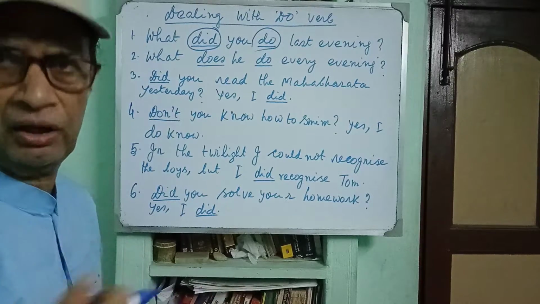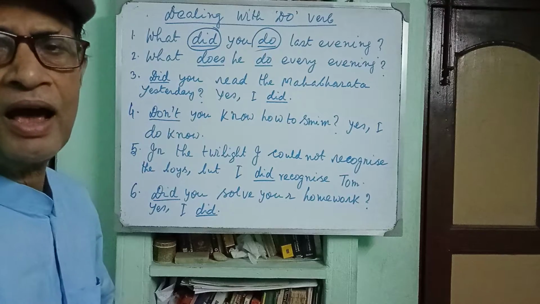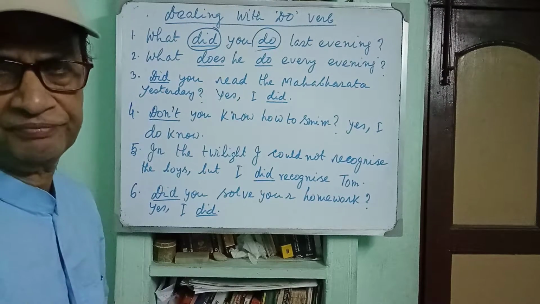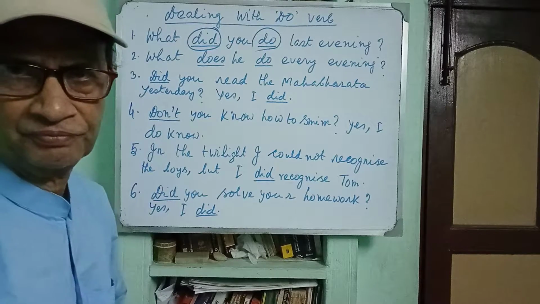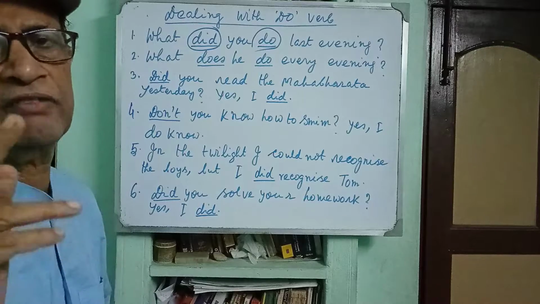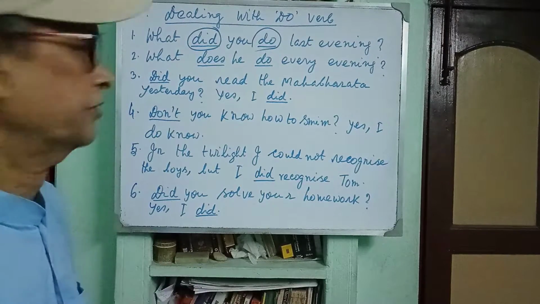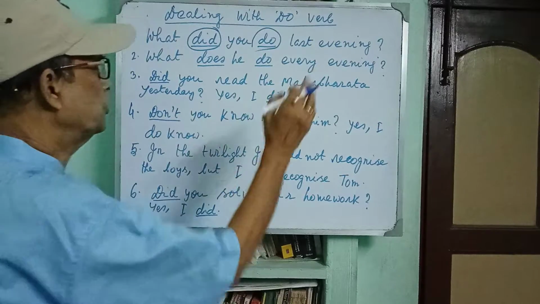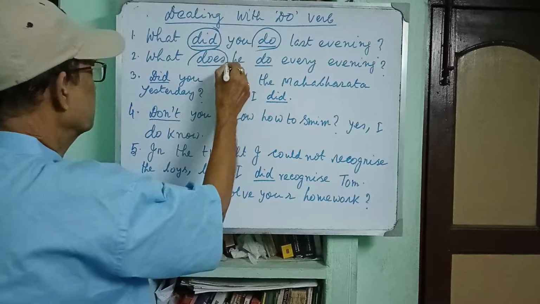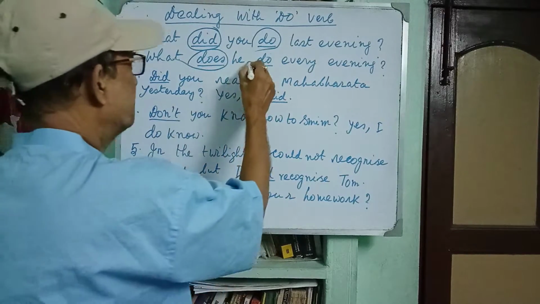It is well known to all that he is third person singular number, and therefore s or es is added to do verb when it is an auxiliary verb in the case of an interrogative sentence. What does it do every evening? So, does is auxiliary verb and do is principal verb.